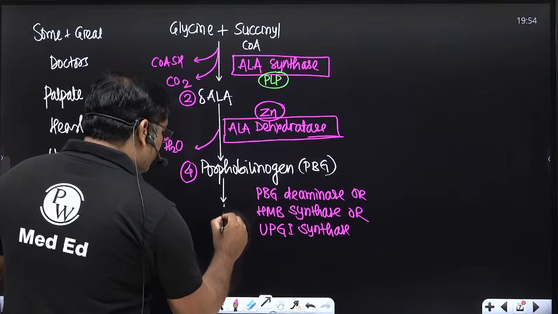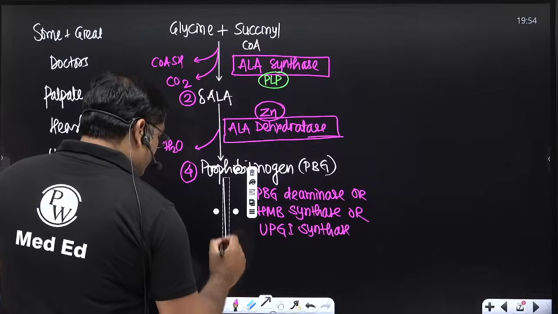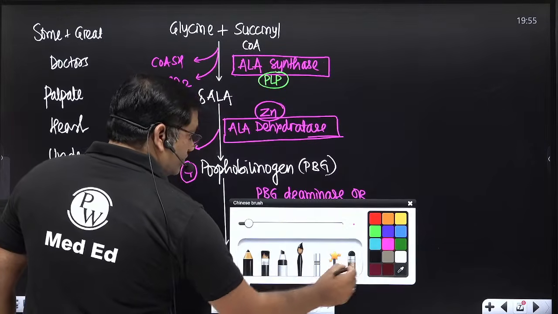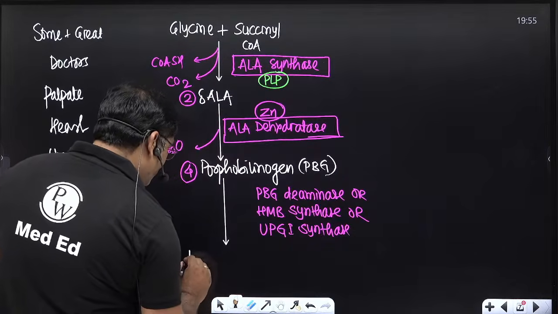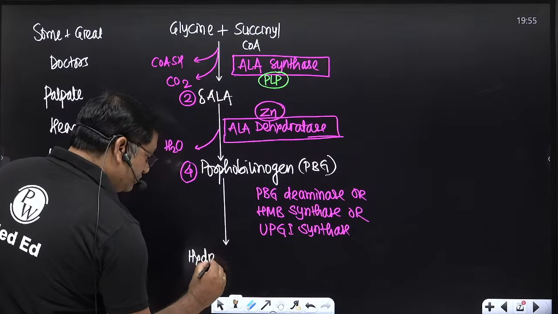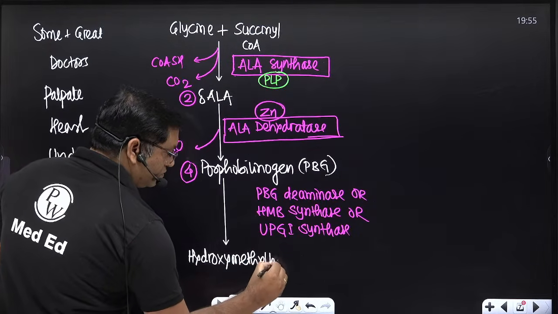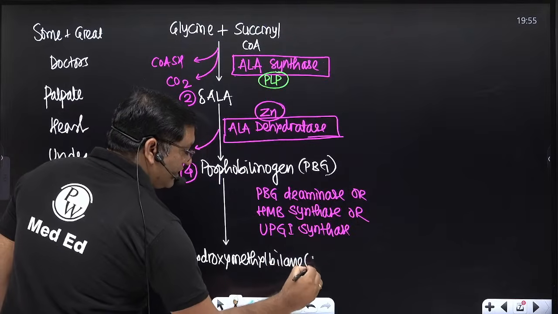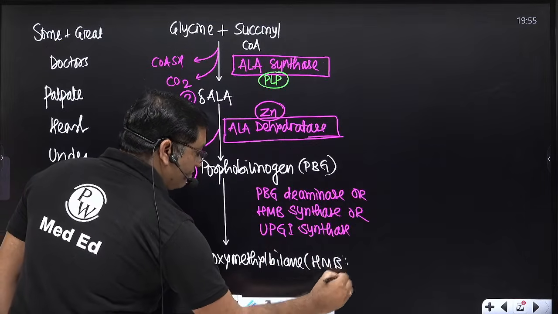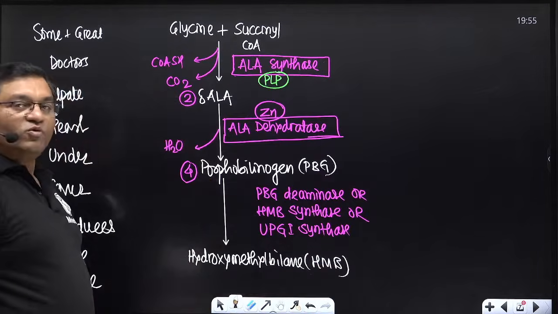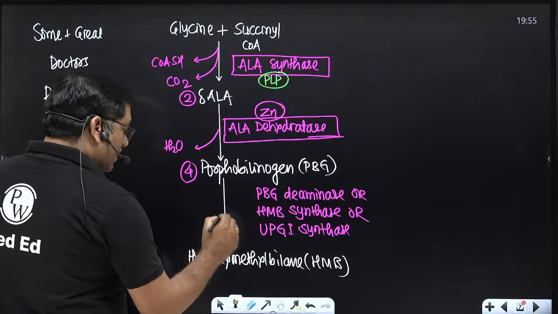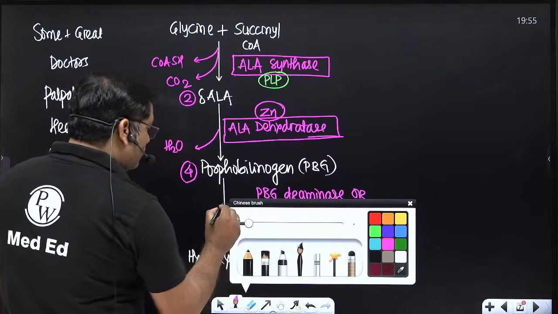This will form hydroxymethylbilane. So four molecules of porphobilinogen condense and form hydroxymethylbilane.